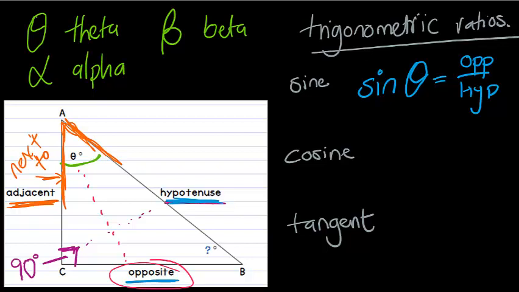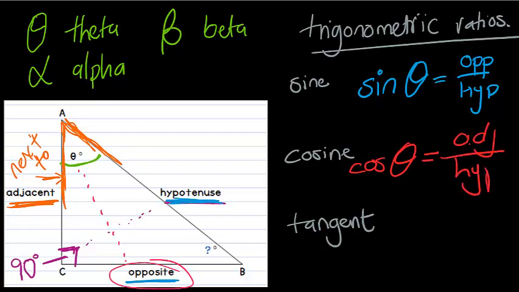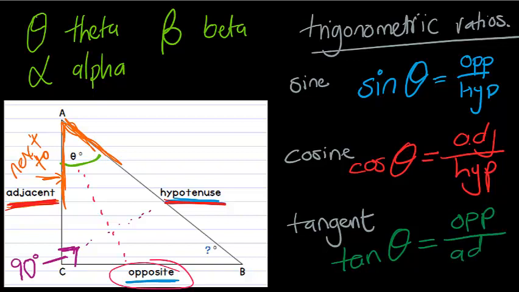The cosine of theta is known as cos of theta, and cos of theta is adjacent over hypotenuse. So again, I'm going to take the adjacent and divide it by the hypotenuse length. And then lastly, I have got the tangent, which is known as tan of theta, which is known as opposite over adjacent.